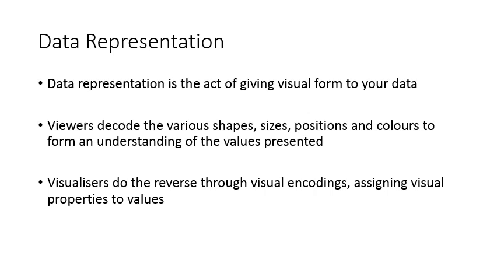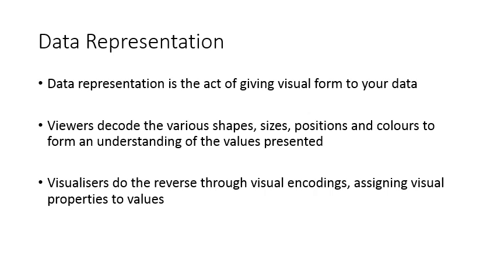Okay, so data representation is the act of giving visual form to your data. What we need to do is encode the data in such a way so that viewers can decode whatever shapes, positions, colors that we use in order to be able to get an understanding of what values they represent of the data you're trying to convey to them.